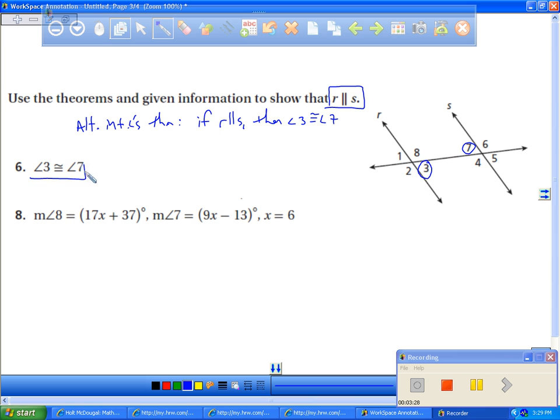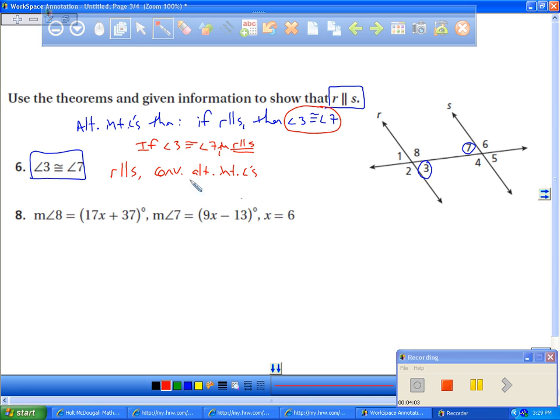But this is telling you that 3 is congruent to 7, which would mean that if angle 3 is congruent to angle 7, then that gives us the right to say that R is parallel to S. Why? Because of the converse of the alternate interior angles theorem. So you would say that R is indeed parallel to S because of the converse of the alternate interior angles theorem. That's how that works.